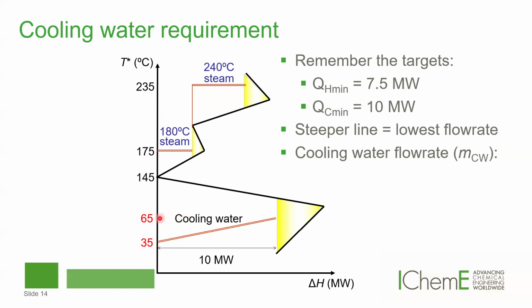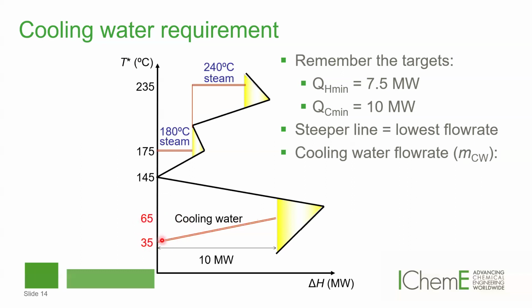So to do that, we make a steep line. Again, we plot this red line at the temperatures. Remember our supply is 30 and our target temperature is 60, but because of the shift in temperature, we have to raise it. Because we are now at the heat source, we have to raise the temperature by half the delta T min, so that becomes 30 to 35 and 60 to 65.